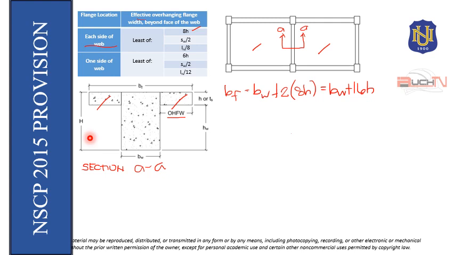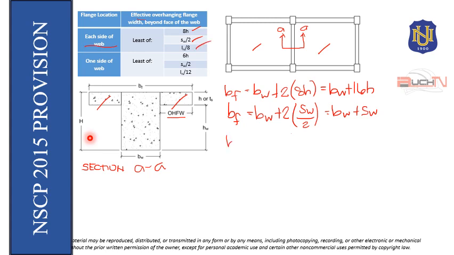Then, the second requirement of the code is such that B sub F should be equal to B sub W plus dalawang S sub W over 2. That means this will be equal to B sub W plus S sub W. Then the last requirement will be ln over 8.